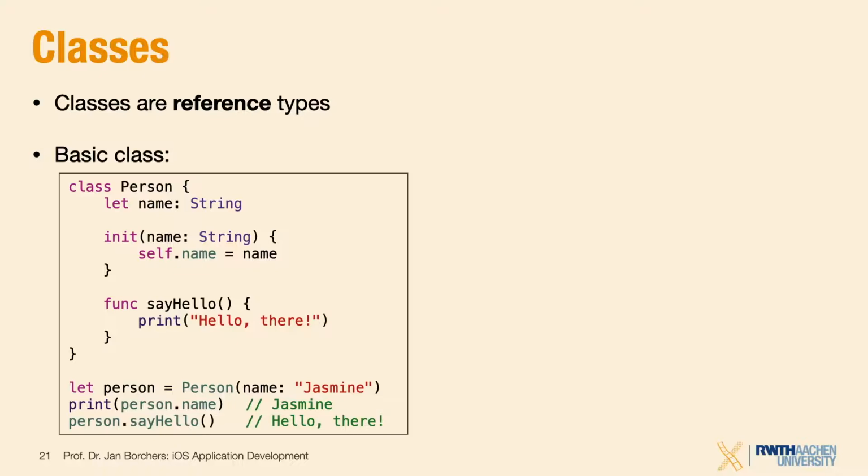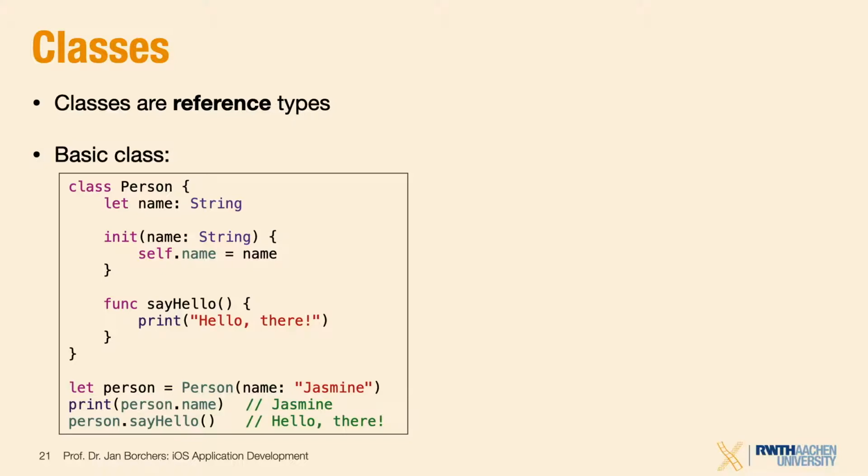So let's get to classes. Classes are reference types, and a basic class works exactly how we'd expect it to. Here we've defined our person now as a class, not as a struct, and we can define properties, initializers, and methods, and this all works as you would expect.